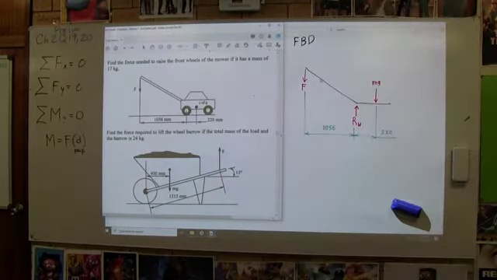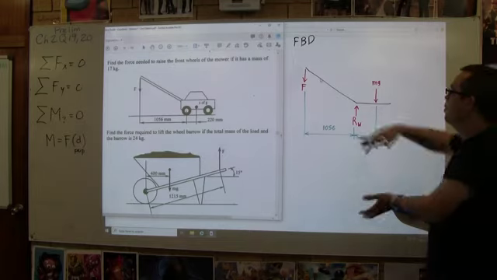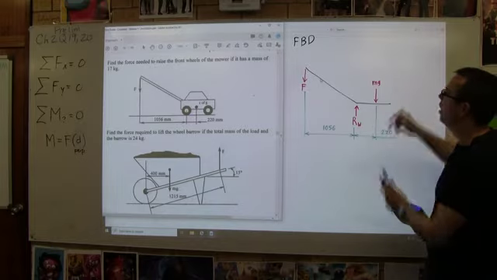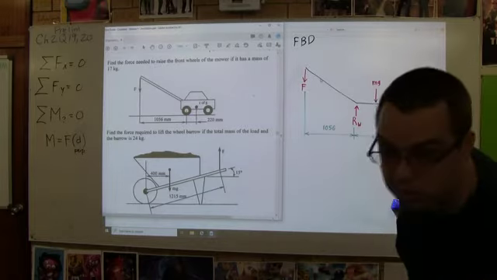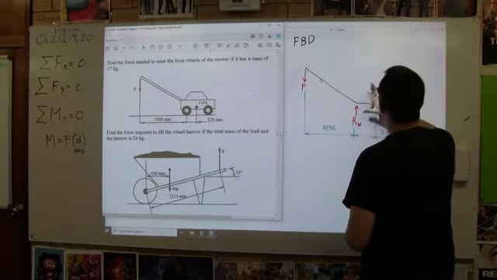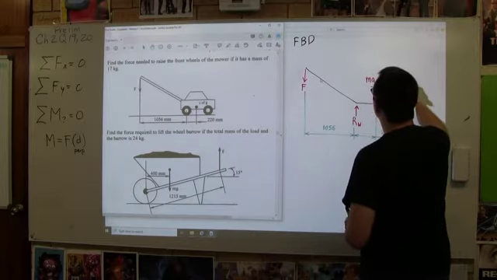Okay, once we have that diagram drawn, we have 2 unknowns. Even if we replace mg, the mass times gravity of this object, it's 17 times the gravity of Earth. So mg equals 17 times the gravity of Earth.